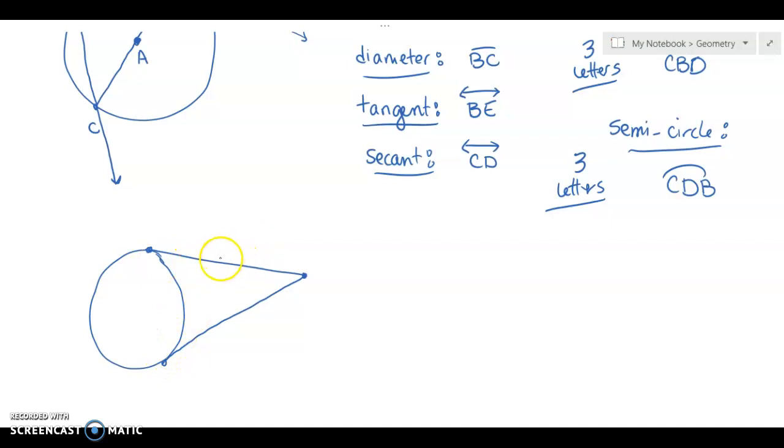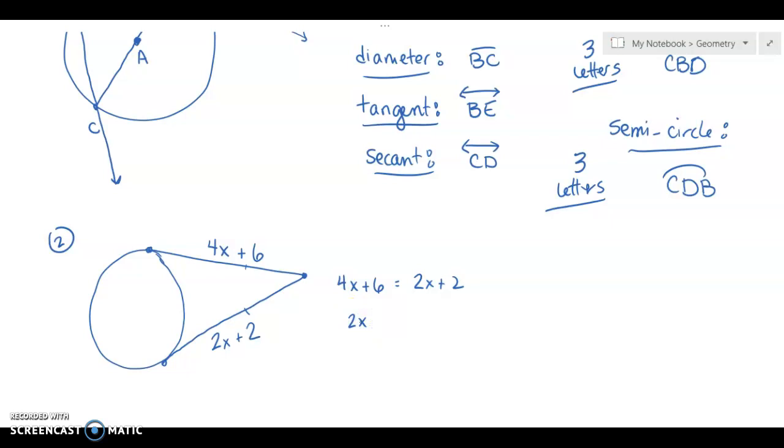And let's say that this one tangent line is 4x plus, let's say 6, and then this one is 2x plus 2. If you have something like this, the 2 tangent lines are automatically going to be congruent to each other. So you would just set 4x plus 6 equal to 2x plus 2. Subtract the 2x, you get 2x.